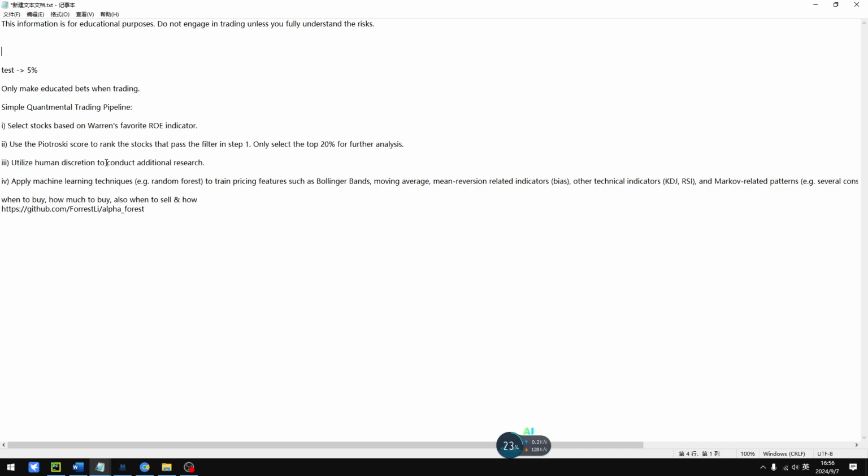And right now, there are machine learning techniques like random forest, pretty simple. Later on, I can also share some other materials, and right now there are some nice algorithms in the FinRL project to help us train all those features. So we can use features like the Bollinger Band, moving average, and other technical indicators to figure out when to buy, how to buy.